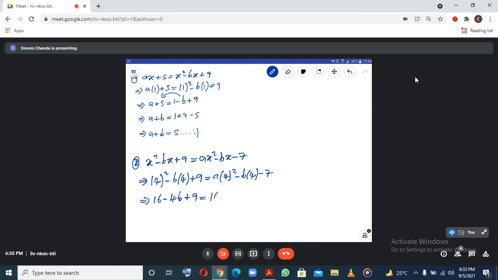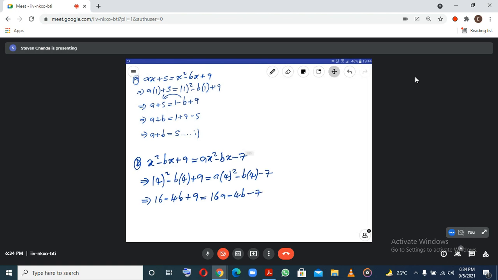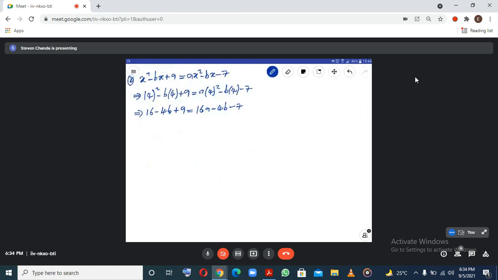Then that's 16a minus 4b. Okay, let me write that properly. So that's minus 4b, minus 7, right? So let me just extend my page. Okay, so you have that.